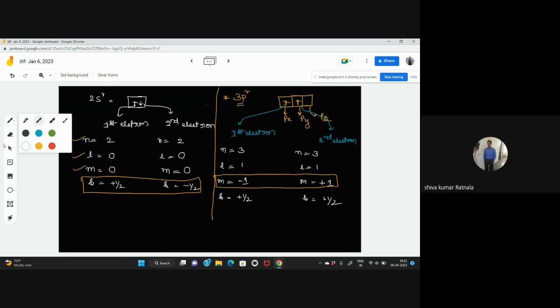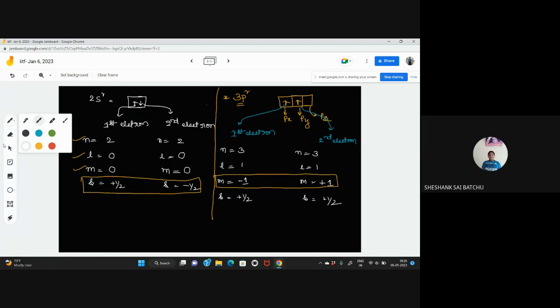Sir, I have a doubt. Tell me. In the 3p2, why is m changed, sir? I did not understand. Were you there in previous classes? Do you know, we have defined from the magnetic quantum numbers that the p orbital has three suborbitals.